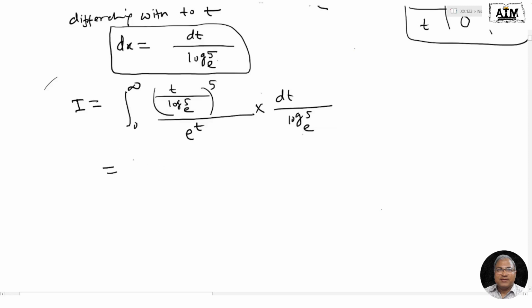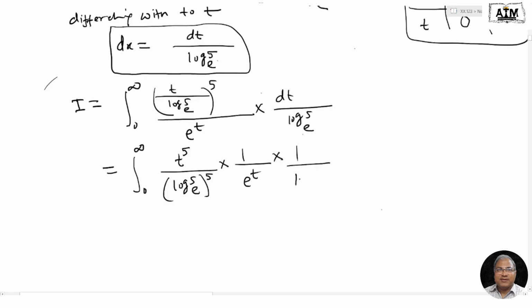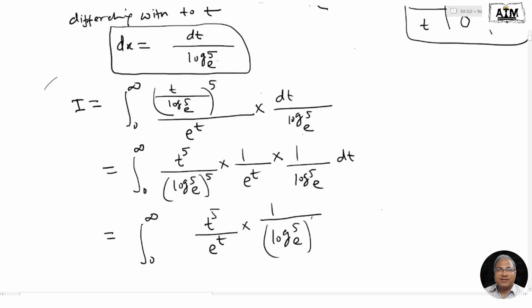So this is equal to integral from 0 to infinity of t raised to 5 divided by (log 5 to the base e) whole raised to 5, into 1 upon e raised to t, multiplied by 1 upon log 5 to the base e, dt. This is equal to integral from 0 to infinity of t raised to 5 divided by e raised to t, multiplied by 1 upon (log 5 to the base e) whole raised to 6, with respect to t.